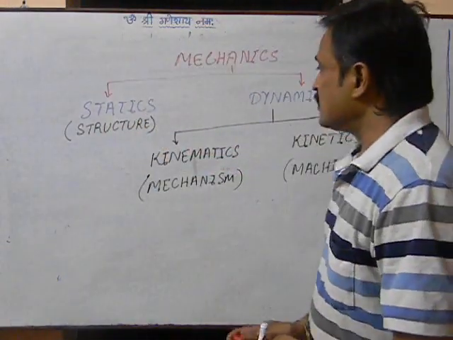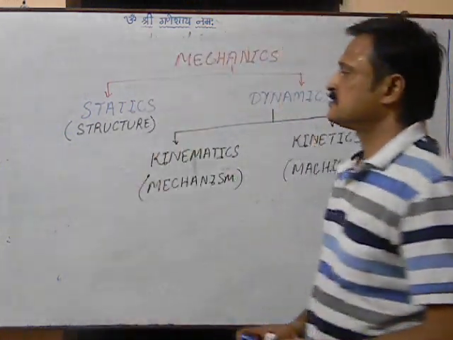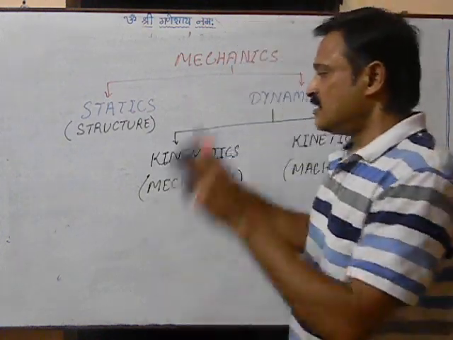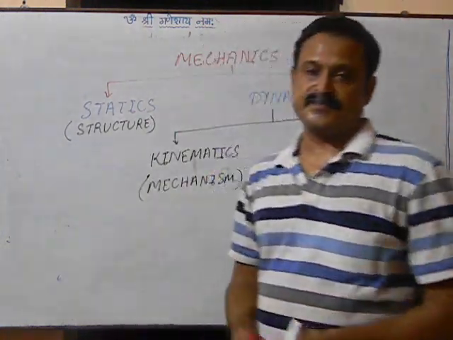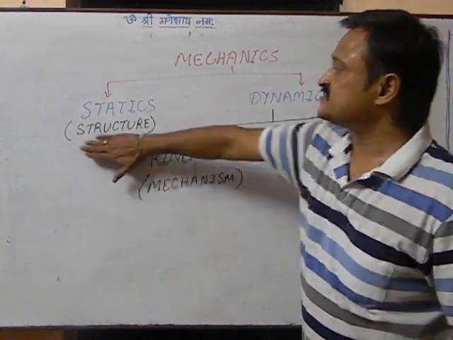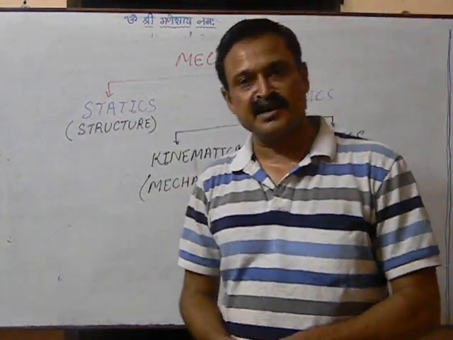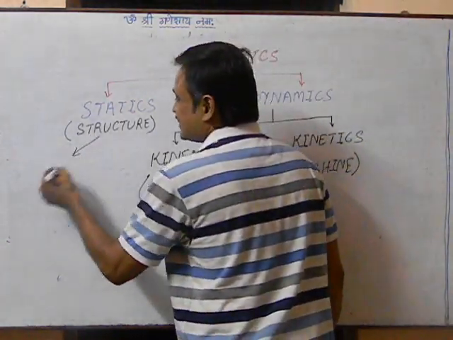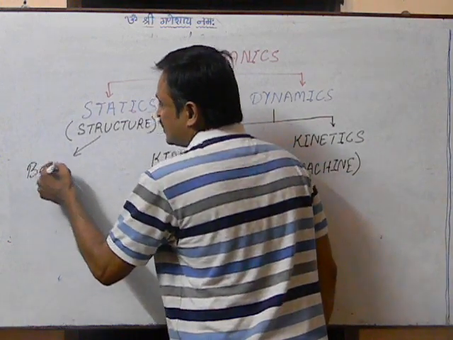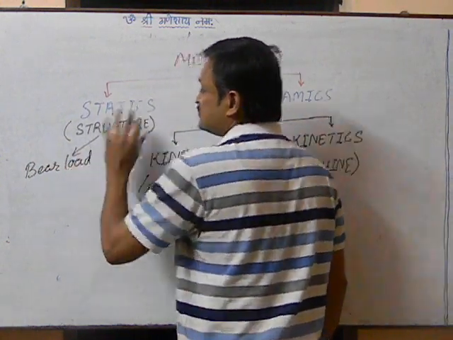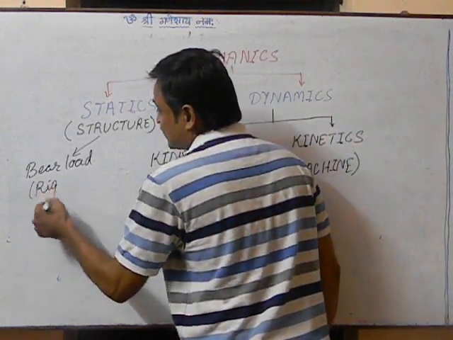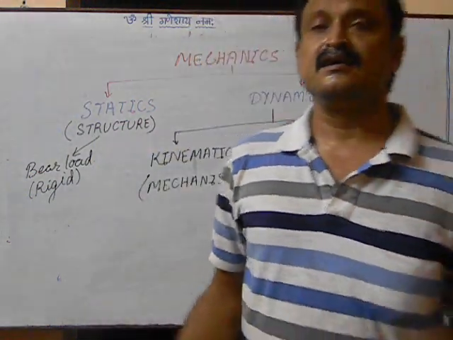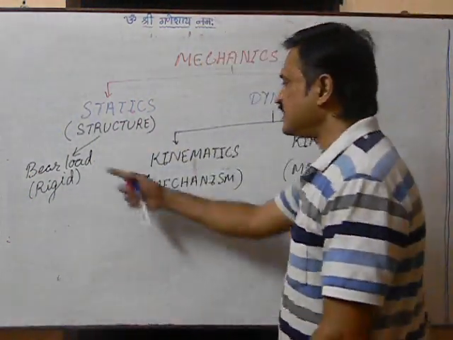In case of structure, the intention of the structure is not to do any kind of work or nor to transmit any kind of motion. Its intention is just to bear load, or this is intended to be rigid. It has to be rigid. By rigid we mean that it is able to sustain for the given force conditions, right?